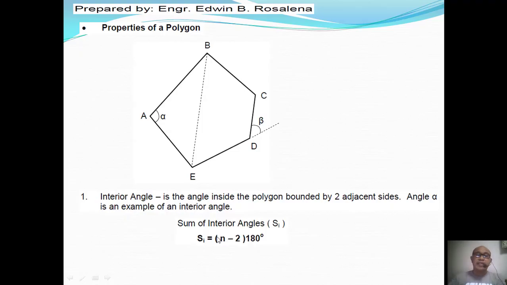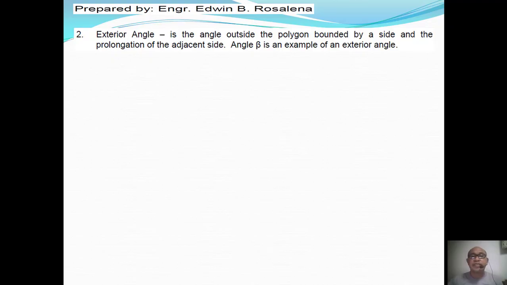Now, the sum of the interior angles, S subscript I, is given by the formula n minus 2 times 180 degrees, where n is the number of sides. We have also an exterior angle. We define again: an exterior angle is the angle outside the polygon bounded by a side and the prolongation of the adjacent side, as in angle alpha in our figure there.